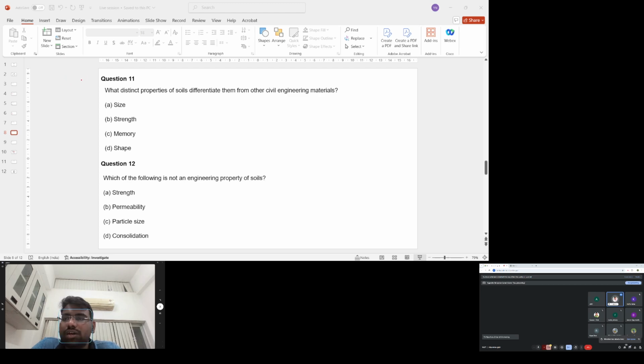If you take concrete, steel, wood, any construction material, you define strength. Even soils you define strength, and shape obviously comes into the picture. But the peculiar aspect is memory. Why memory? Are soils intelligent?